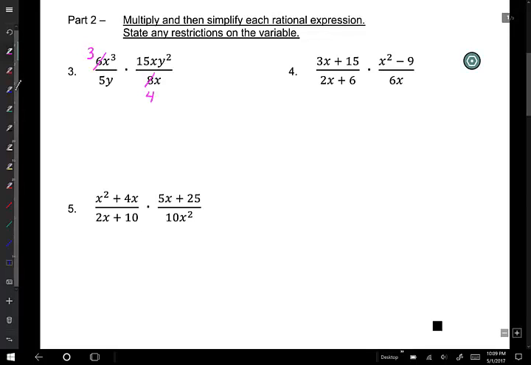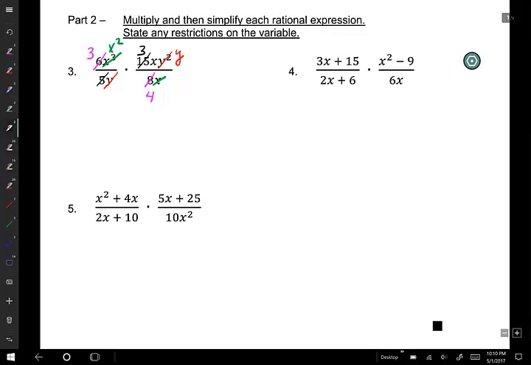The x cubed and the x, we're going to cancel out to be just x squared. The y and the y squared are going to cancel to be just a single y. And the 5 and the 15 are going to cancel to a 3 in the numerator.